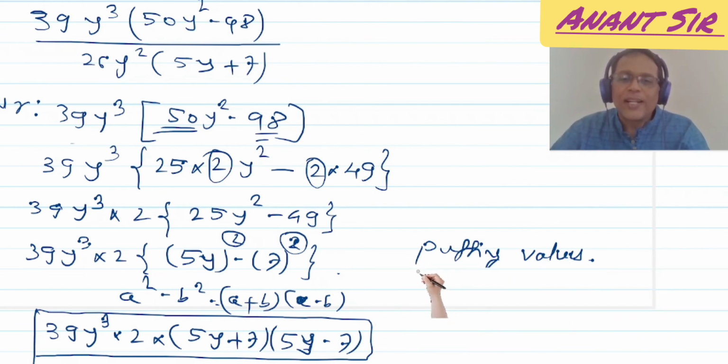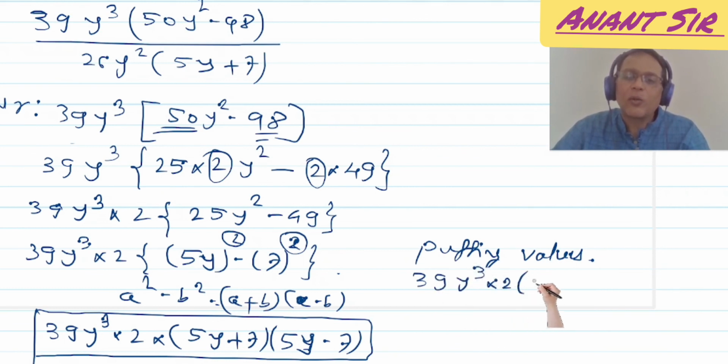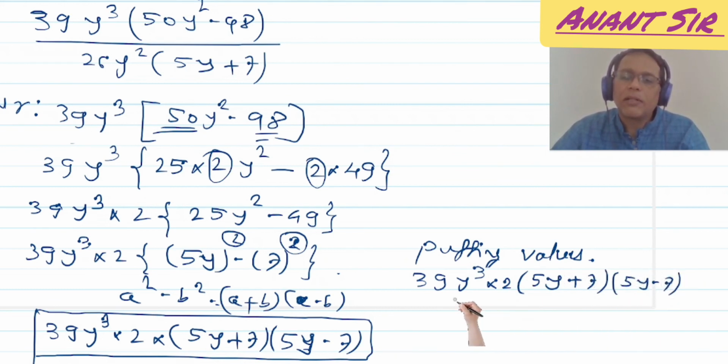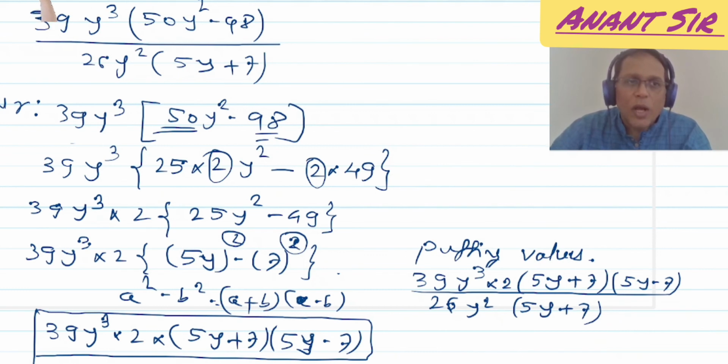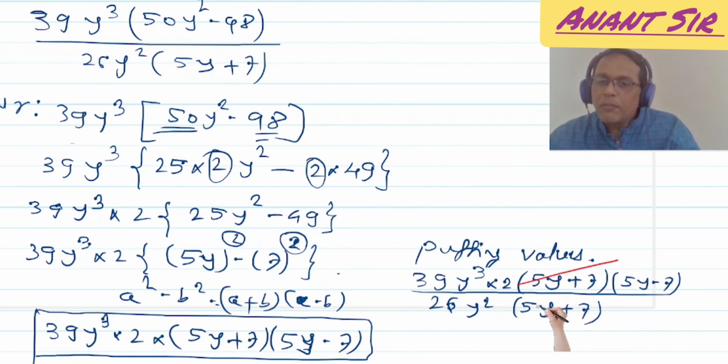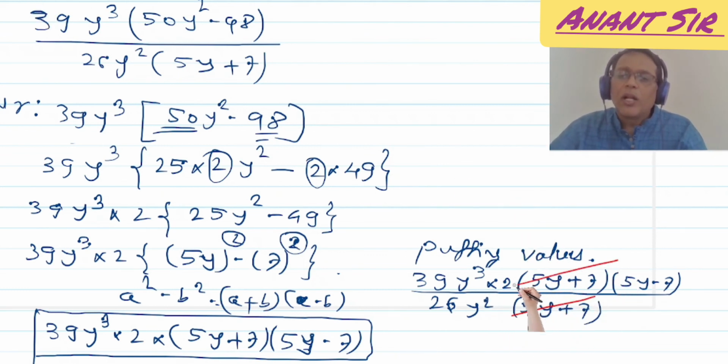Putting values, it is 39y cube multiplied by 2 into (5y plus 7) into (5y minus 7), and divided by 26y square multiplied by (5y plus 7). So now the (5y plus 7) bracket gets cancelled.